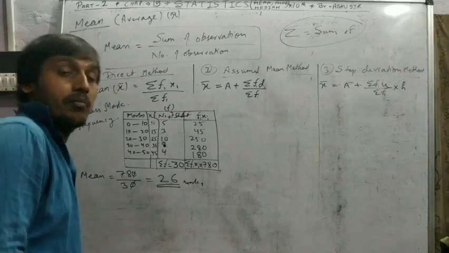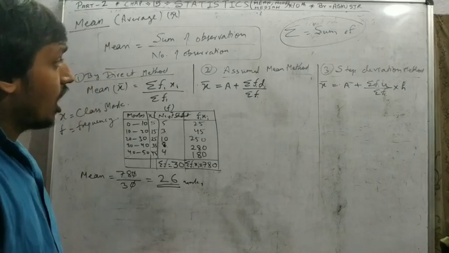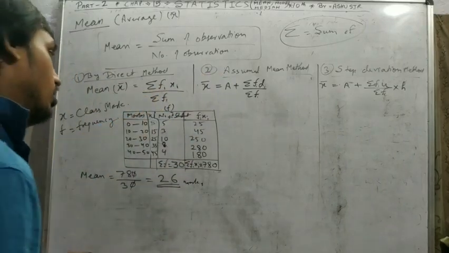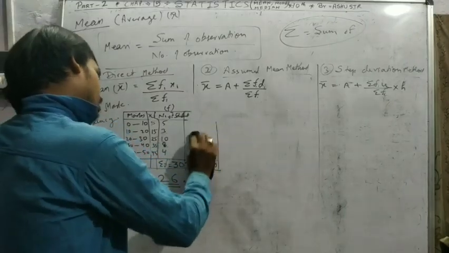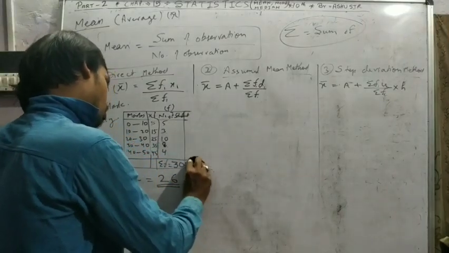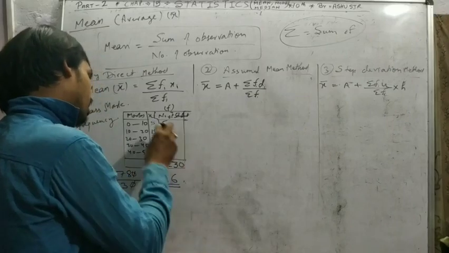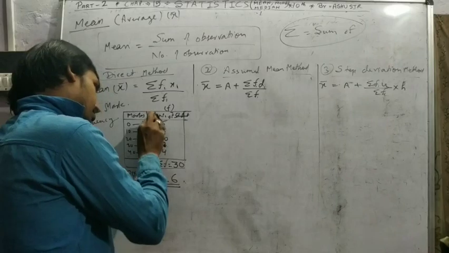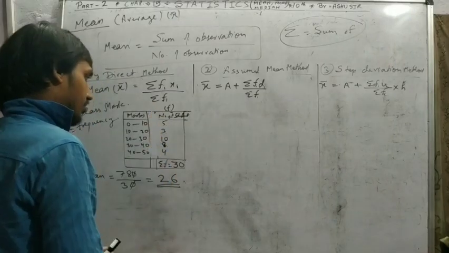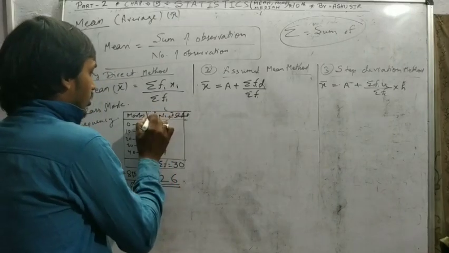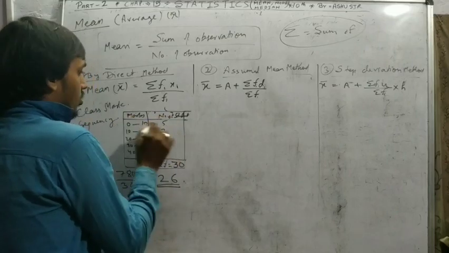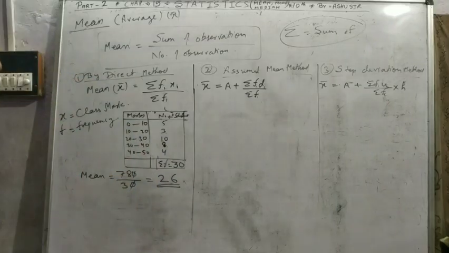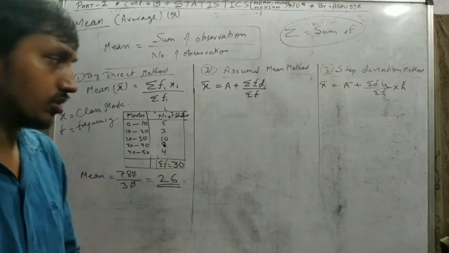Then we can find the mean by the assumed mean method. I think you understood fx upon f. Now for the assumed mean method, the question is the same because we only explain the concept.